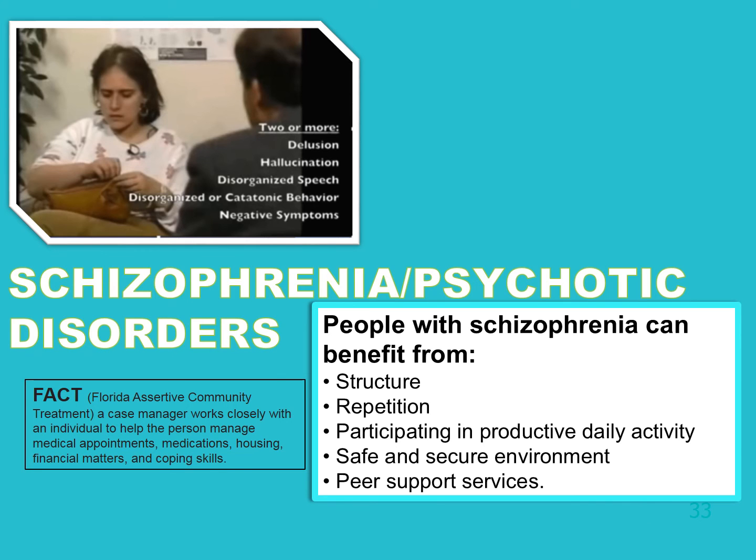There is no cure for schizophrenia. Treatment for schizophrenia usually involves antipsychotic medication, also called major tranquilizers or neuroleptics. These medications are more effective at controlling the positive symptoms, that is, the hallucinations, delusions, and disorganized speech and behavior, than the negative symptoms of schizophrenia.